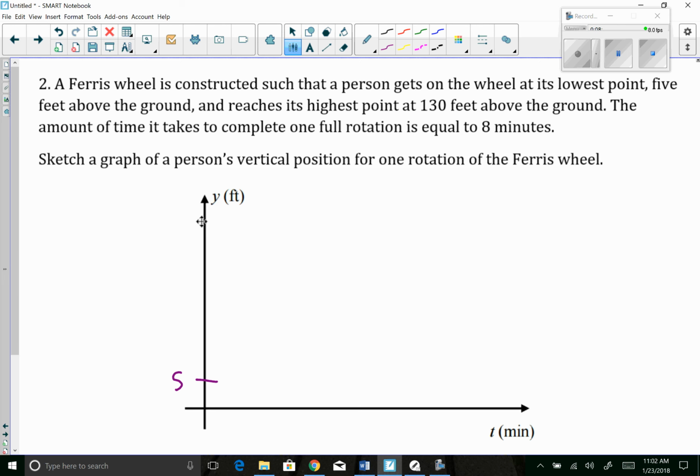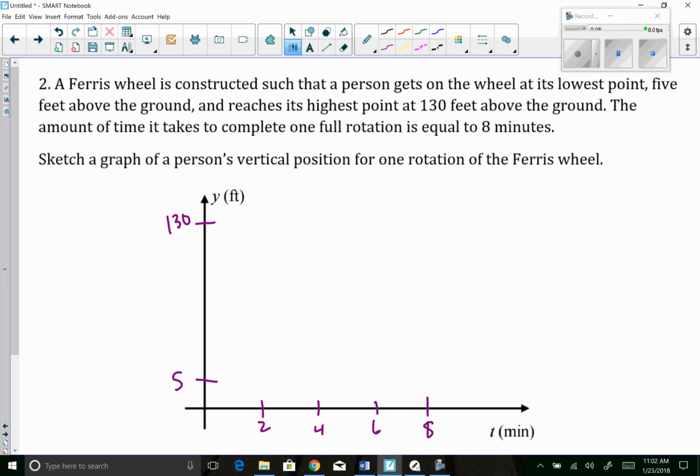It's saying that the maximum value is 130. It then says the amount of time it takes to complete 1 full cycle is 8 minutes. So if I go out 8 minutes, I can make that 4 minutes, 2 minutes, and 6 minutes.